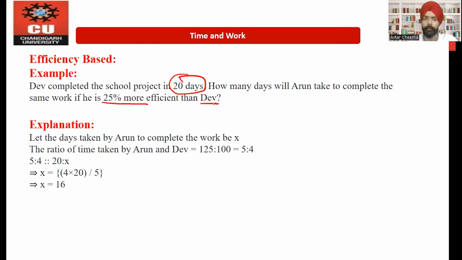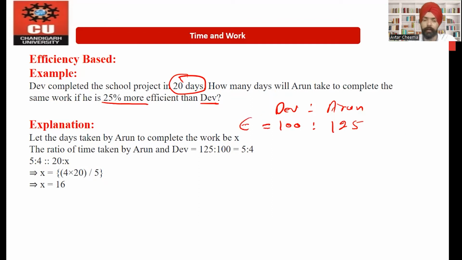Now, if I'm talking about efficiency, Dev and Arun. If Dev is 100% efficient, Arun is 25% more efficient, meaning Arun's efficiency is 125. This is their efficiency.